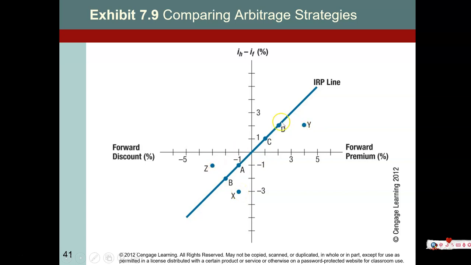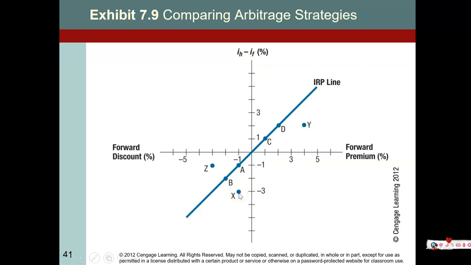So we know for C and D, P equals IH minus IF, and they're both larger than 0. For A and B, P equals IH minus IF, and they're both below 0. For Y, P and IH minus IF are both positive, but P, the forward premium, is larger than the interest rate difference, IH minus IF.